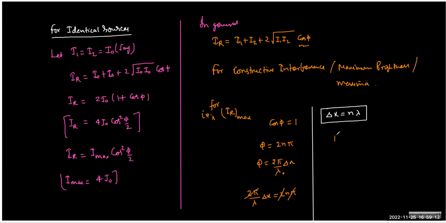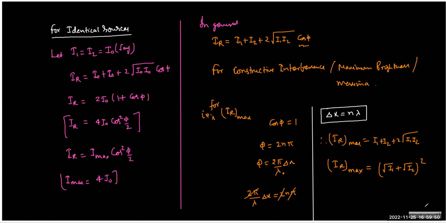For destructive interference, in this case the IR becomes how much? The maximum value we can write as root I plus root I, whole square, right?